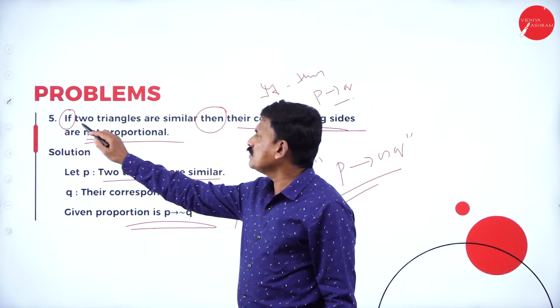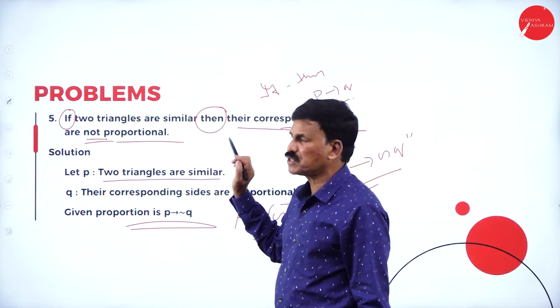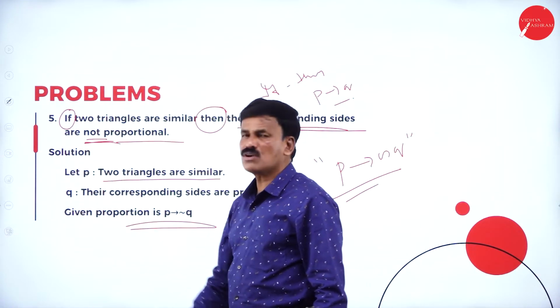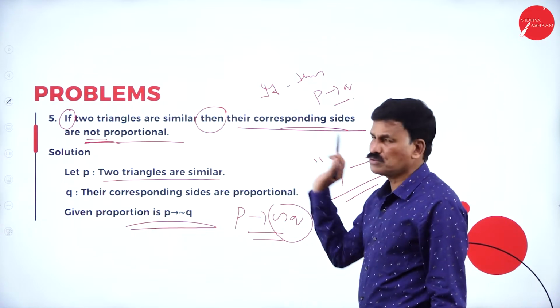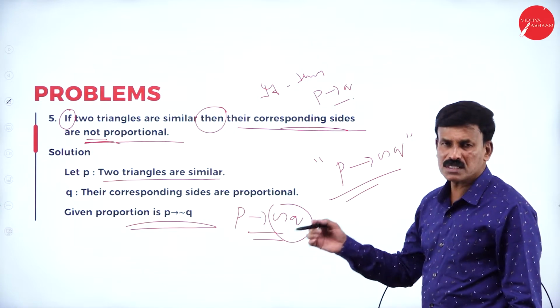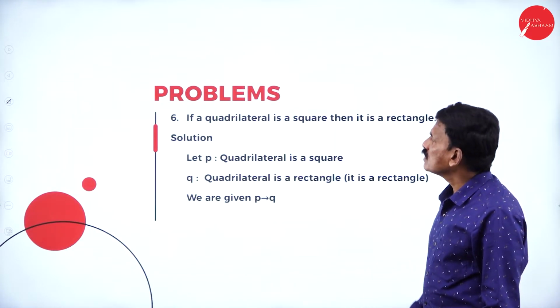See, they started with if then. If then means the first condition is P conditional to Q, and here there is one more connective, that is not. So P conditional to negation Q is the symbolic way of representing the given compound statement, that is, the verbal statement into symbolic form. Now let us take the next problem.